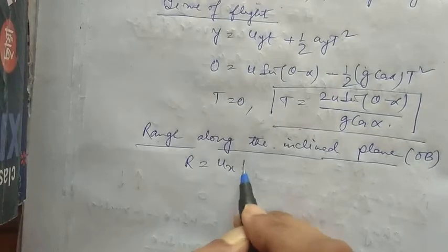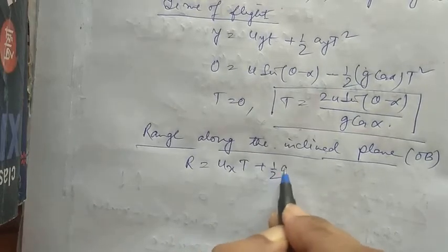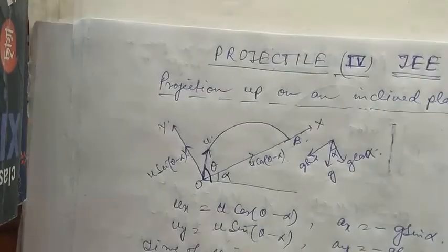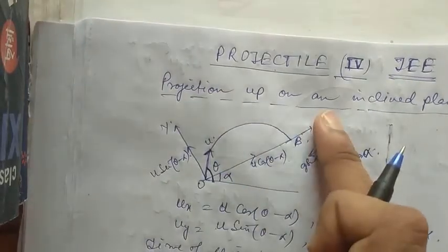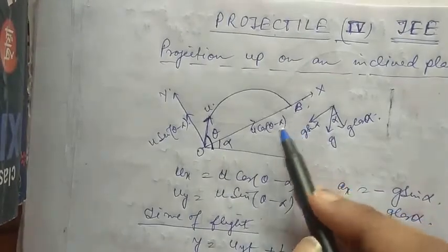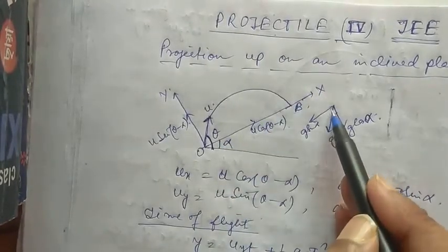So R equals ux t plus half ax t square. We have taken the x-axis along the inclined plane, so the acceleration along the inclined plane was g sine alpha.